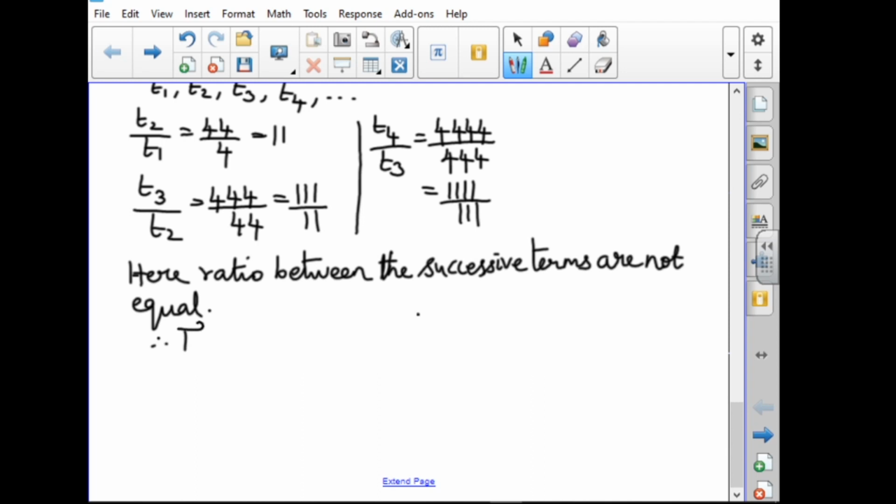Therefore, the given sequence is not a GP.